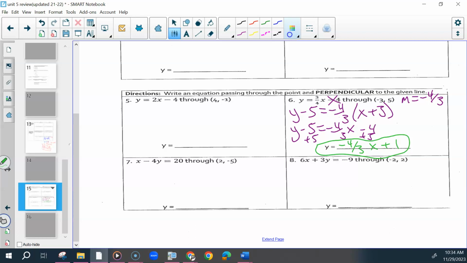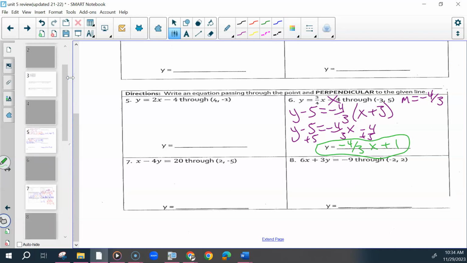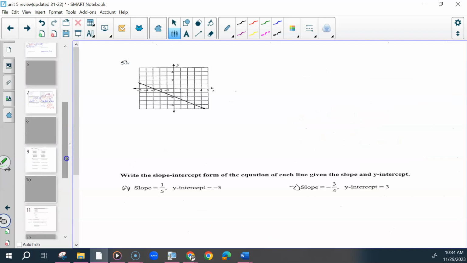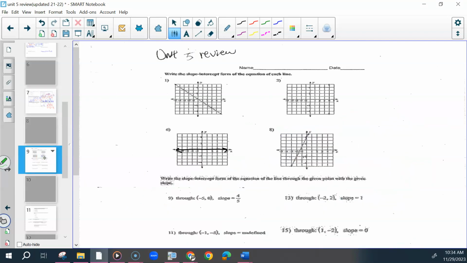Question 19. Question 19 on which one? This one?